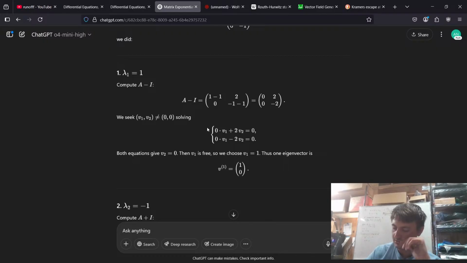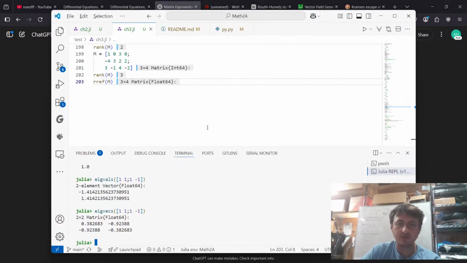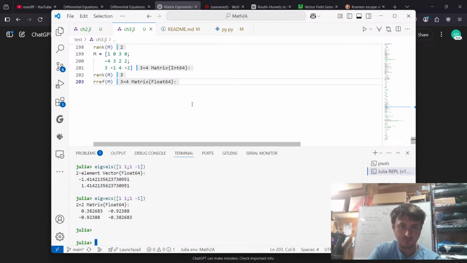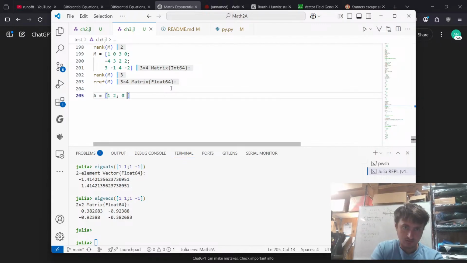Okay, in our case, we got the same thing, so 1, 0 is an eigenvector. Great. But for the other case, we have the same thing, right? So A is equal to 1, 2, 0, minus 1.